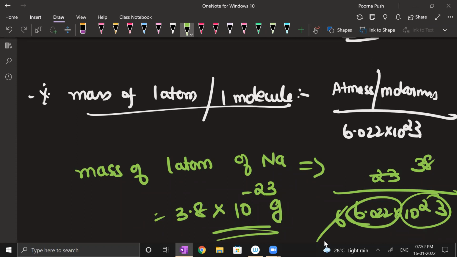See whether you understood, all of you. It is 3.6.